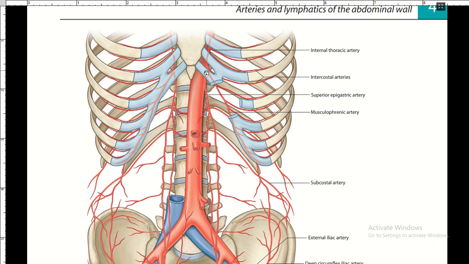If you remember, you have an internal thoracic artery, and at the level of the 6th intercostal space, it bifurcates, forming a musculophrenic artery that will supply the lower intercostal spaces, and then it continues as the superior epigastric artery.